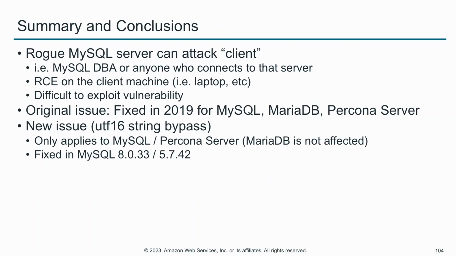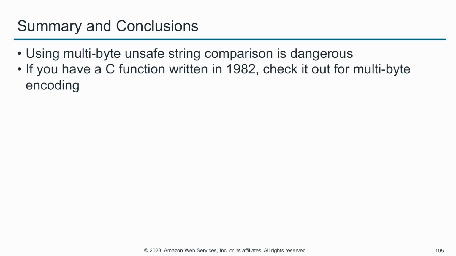All right, so summary: a rogue MySQL server can attack the client, and everyone who connects to an untrusted MySQL server is at risk. The original issue was fixed in 2019. The new issue was fixed just in April. Using multi-byte unsafe string comparison is pretty dangerous.